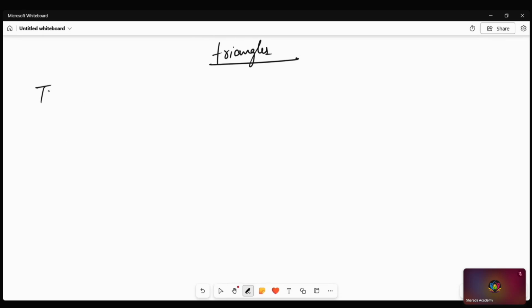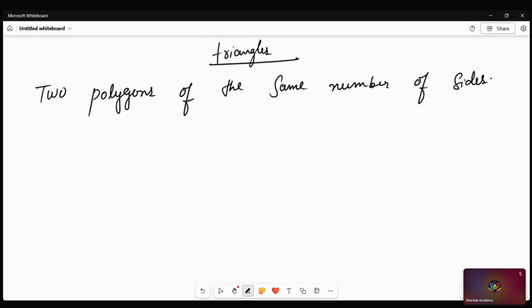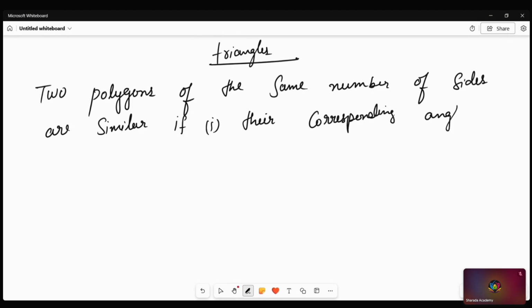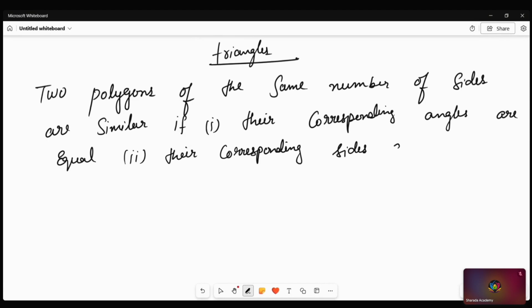Write down this first. Two polygons of the same number of sides are similar if, first thing, their corresponding angles are equal, and their corresponding sides are in the same ratio, that is, proportional.